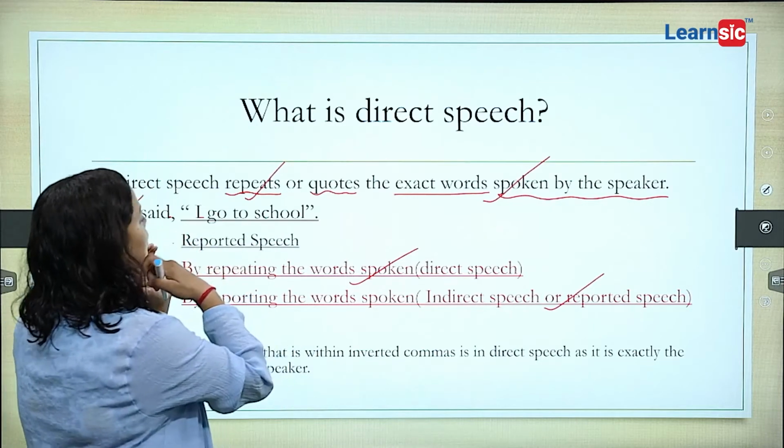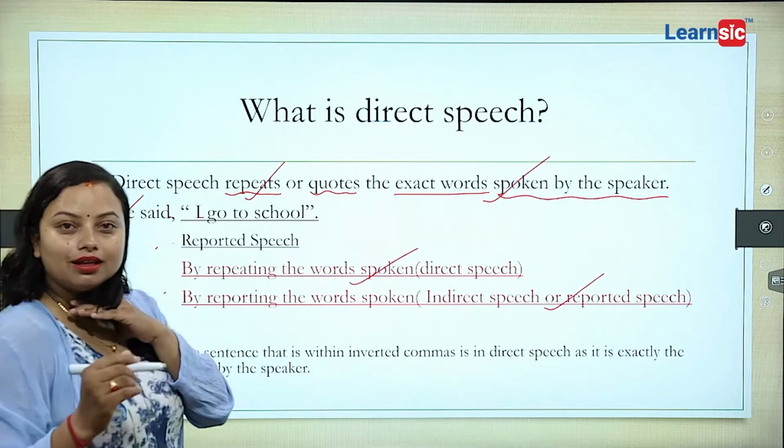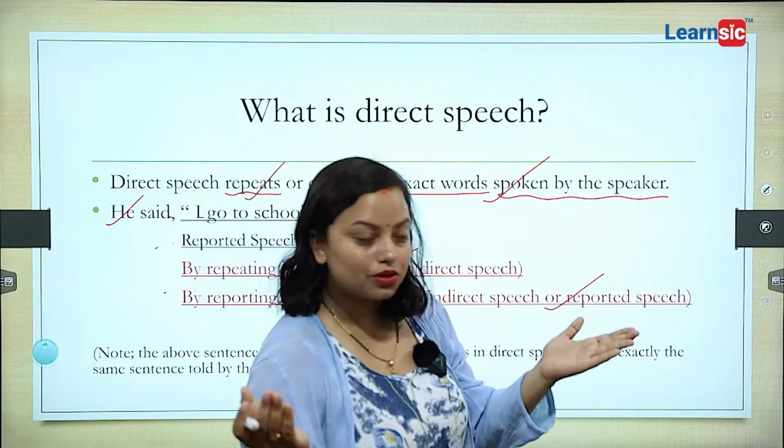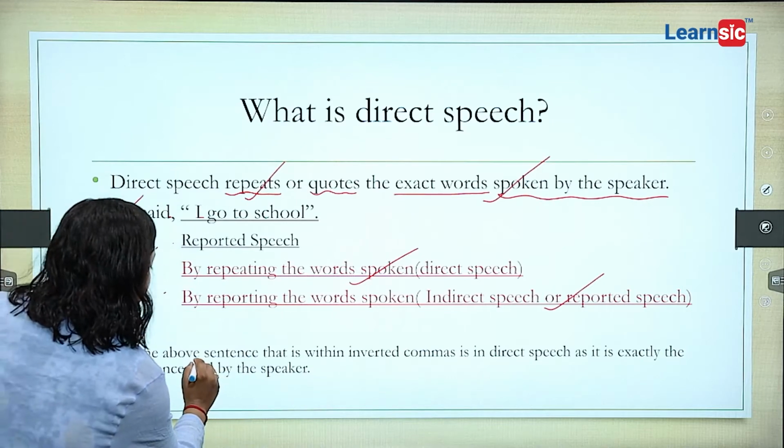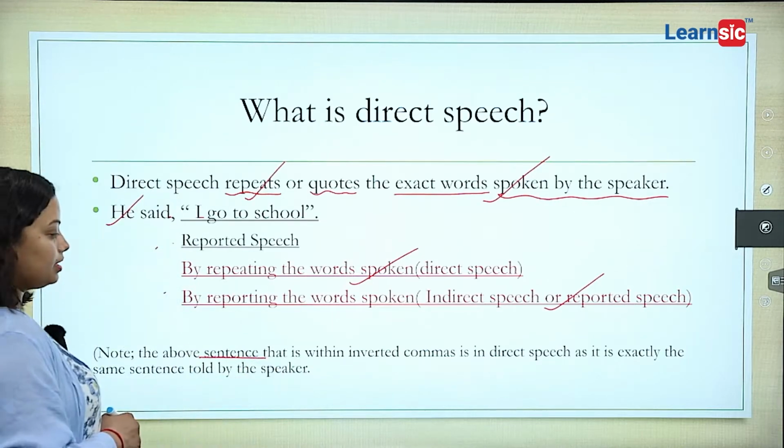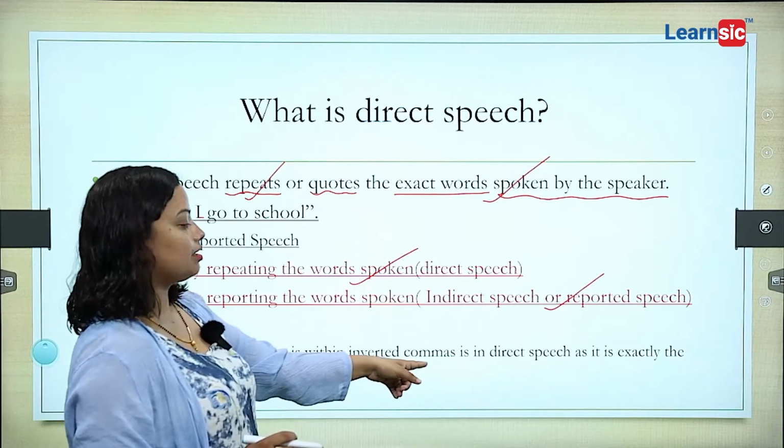He said, I go to school. उसले के भनिरहेछ? I go to school. Note the above sentence, the sentence that is within inverted commas.